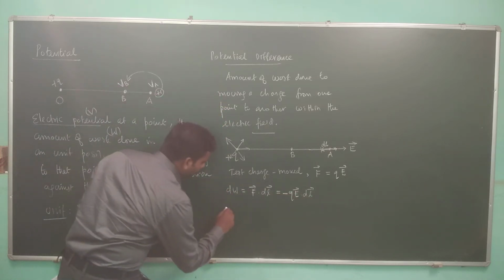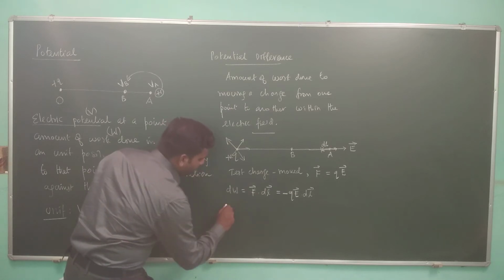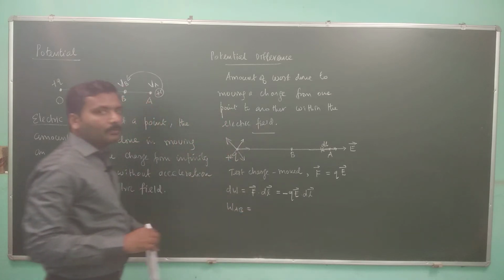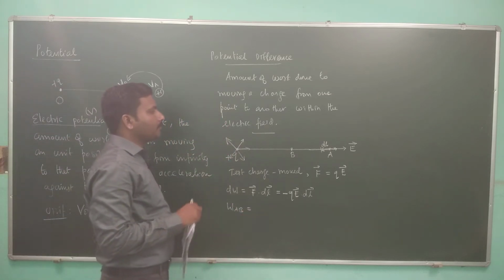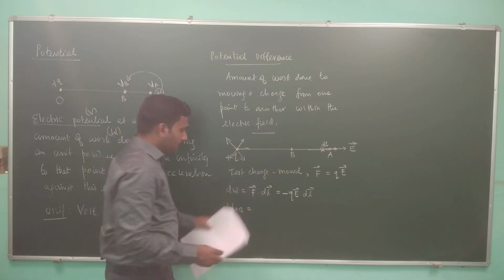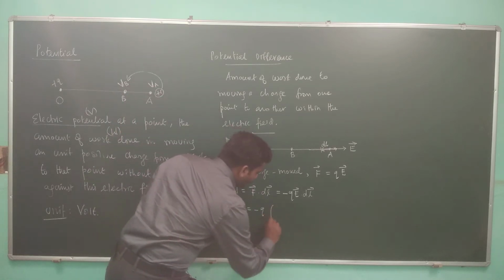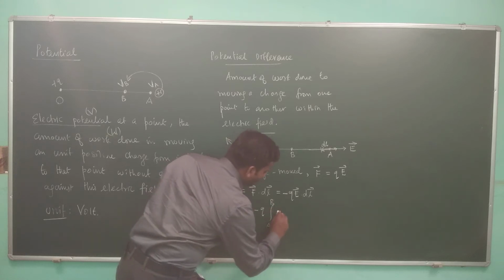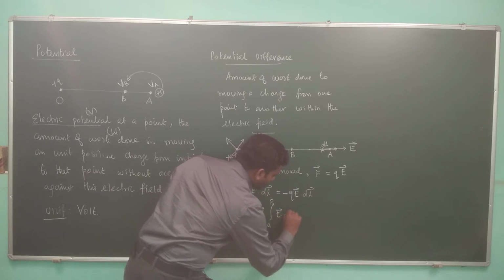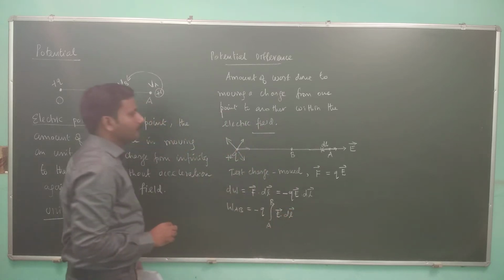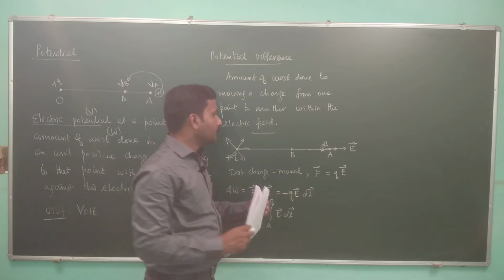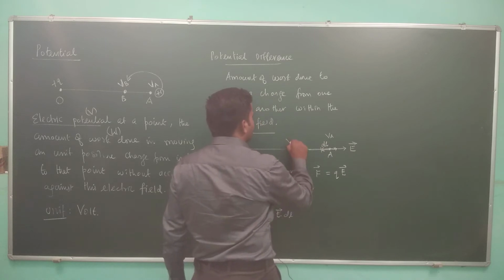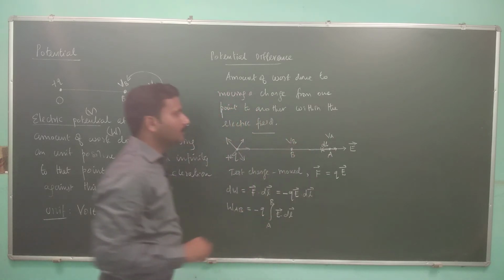Now the total work done, that we can write as W AB, which is the total work done for moving a test charge from the point A to B, that we can write as minus Q integration of A to B E dot dl. And remember, at this point we can define the potential as VA. At this point we can define the potential as VB.